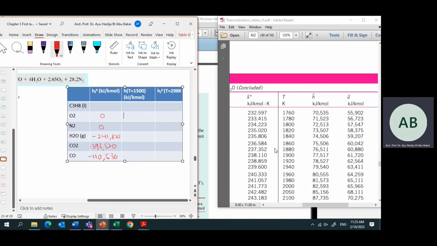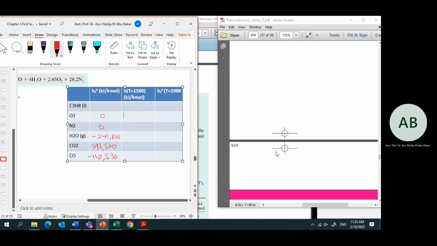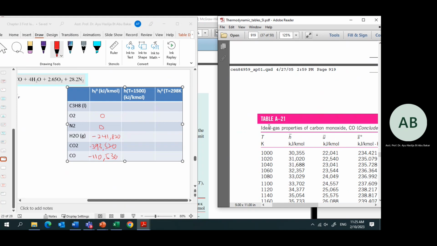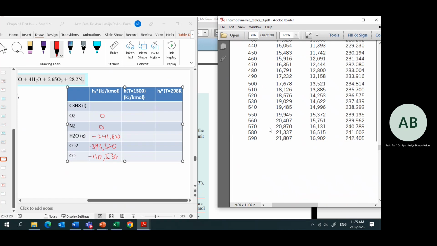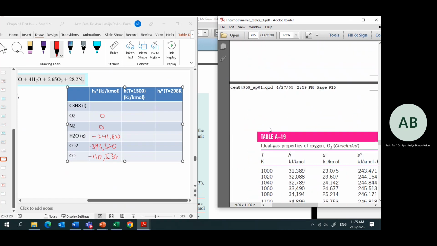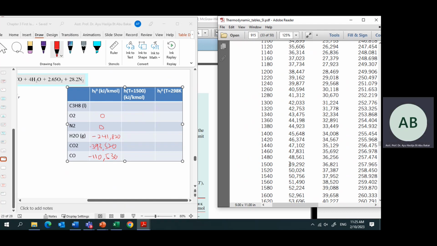For O2, we find at 1500 in A19. The enthalpy is 49,292.